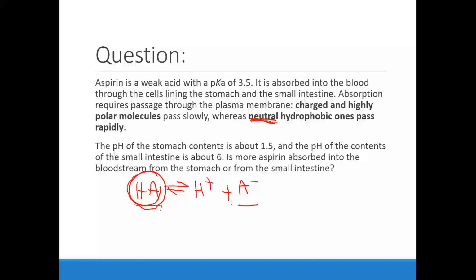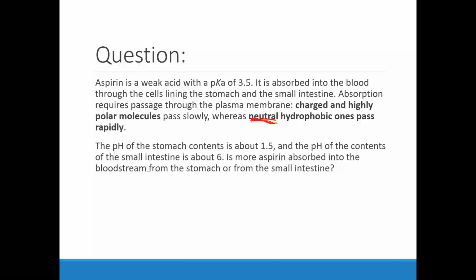Okay, now let's get back to this, looking at the pH content of two different areas, the stomach or the small intestine, and how is that going to change this concentration of HA to A minus? Well, we can figure that out using the Henderson-Hasselbalch equation.